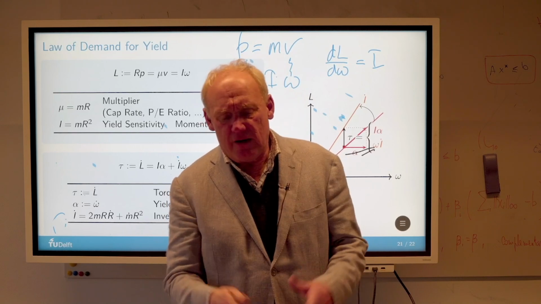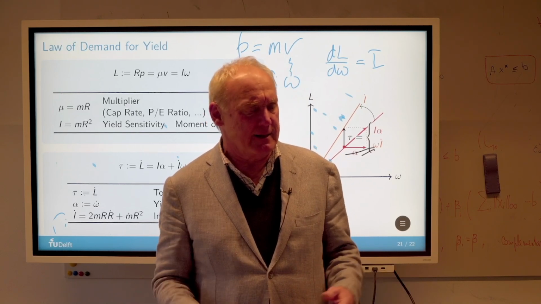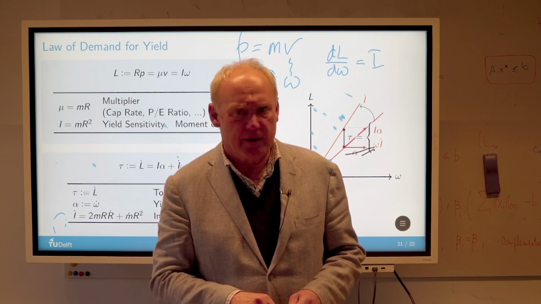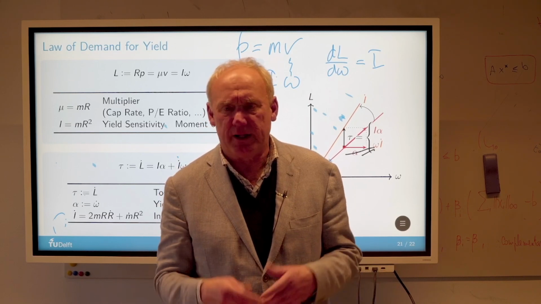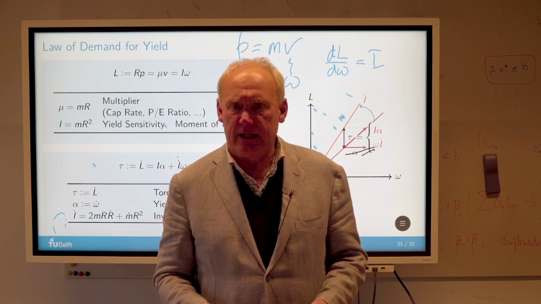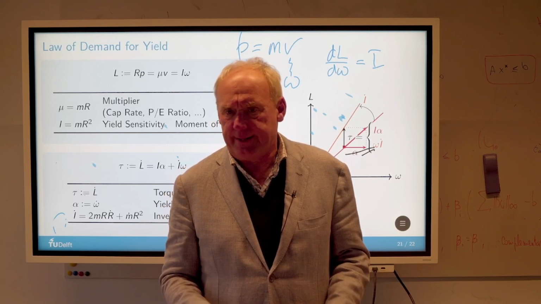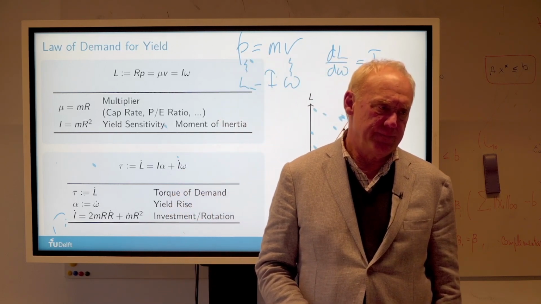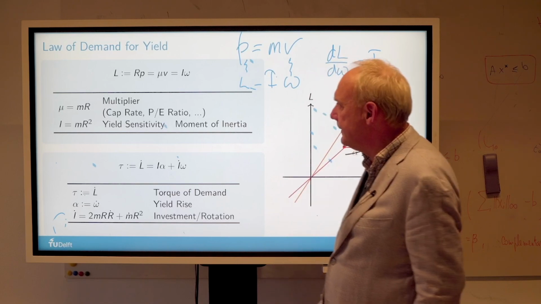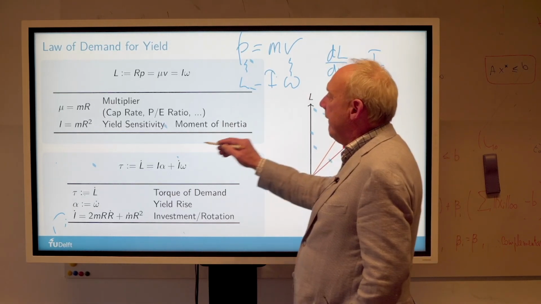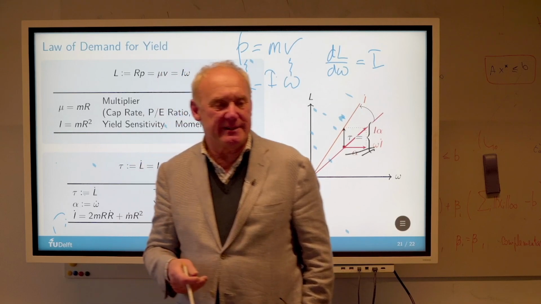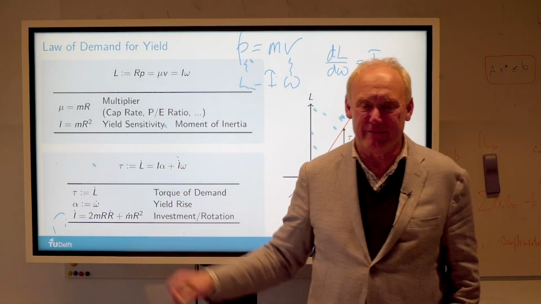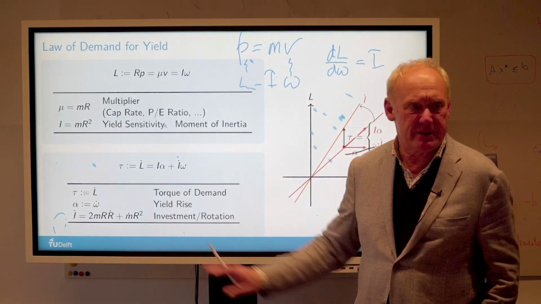If you have land and all of a sudden it starts yielding less, the price will have to adjust. If you have a bond and all of a sudden it's paying less interest, it's not worth that much. And that's what was called the yield sensitivity. I never know whether it's the inverse, that's the yield sensitivity, or this is it, but this is good enough. I don't think anybody else takes that too seriously.